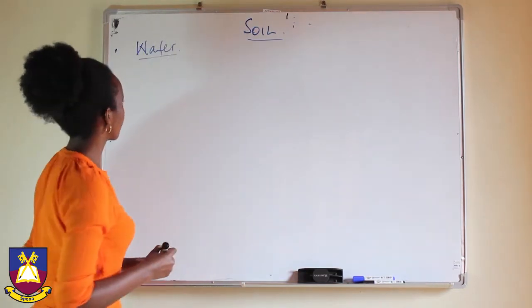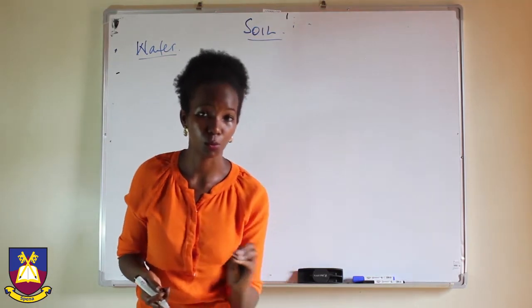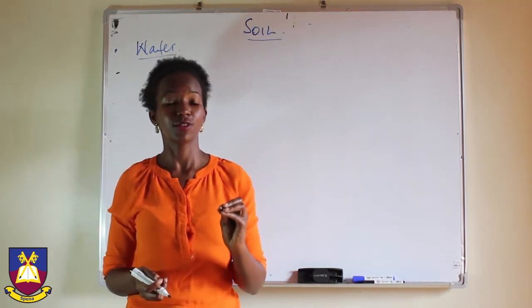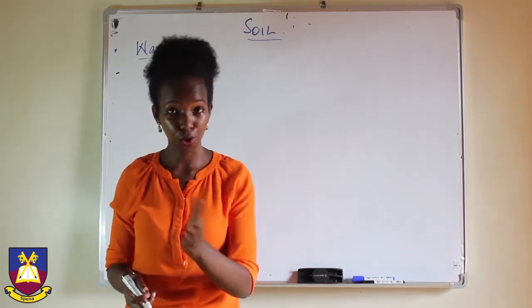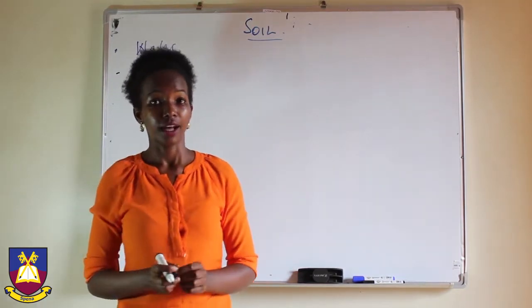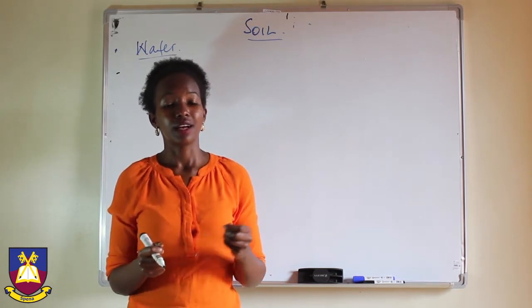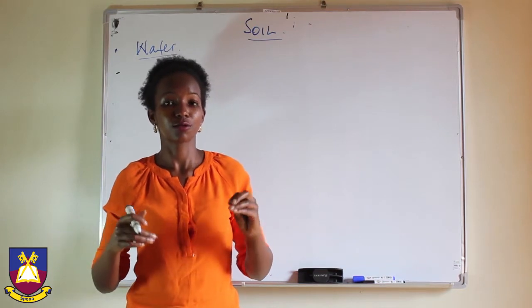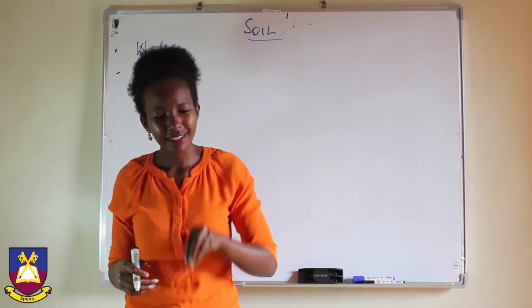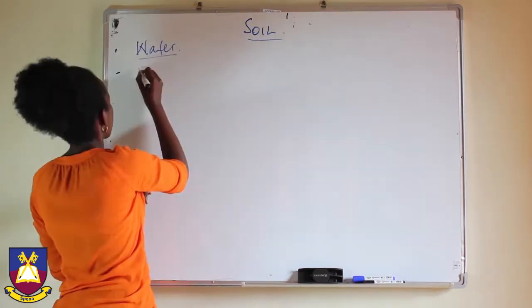So, the importance of water is that first and foremost, it softens soil so that the roots can easily grow their way through the soil. That is why in very hard soils, some roots are just on the surface, or those that grew very deep into the soil are very hard to remove.